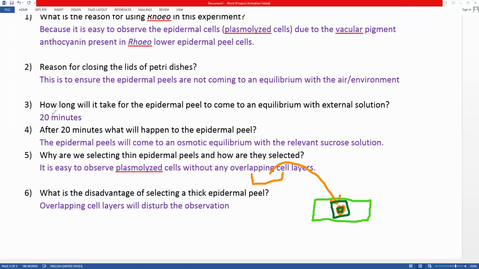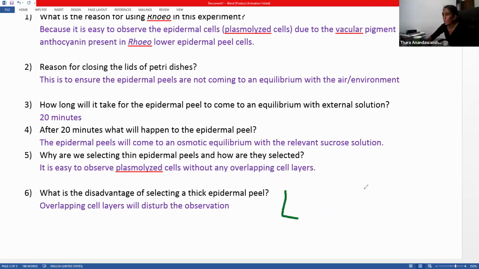Teacher, can you repeat it one more time? Yeah, okay, sure. You are taking a clean glass slide and you are taking a droplet of relevant sucrose solution, let's say 0.25.